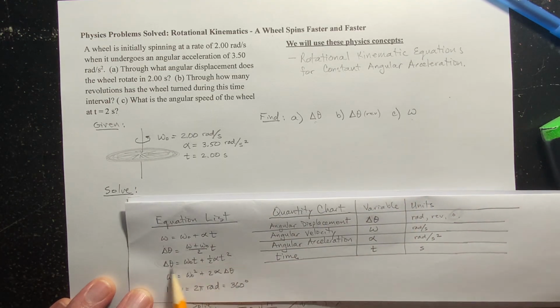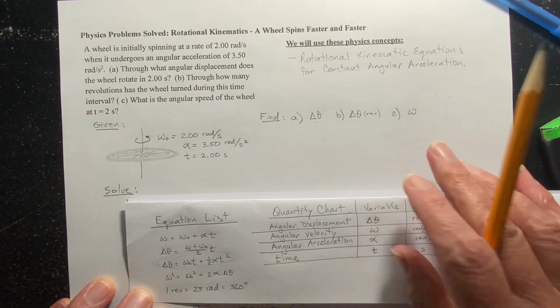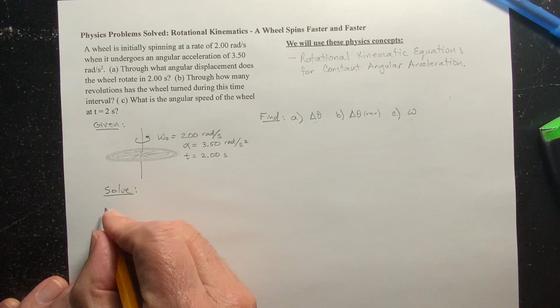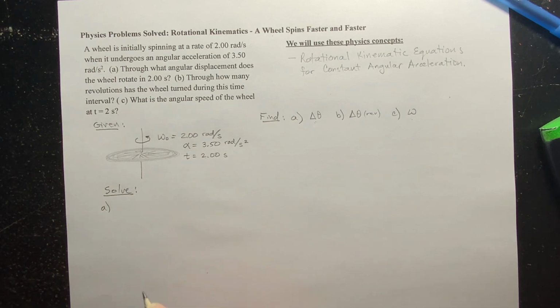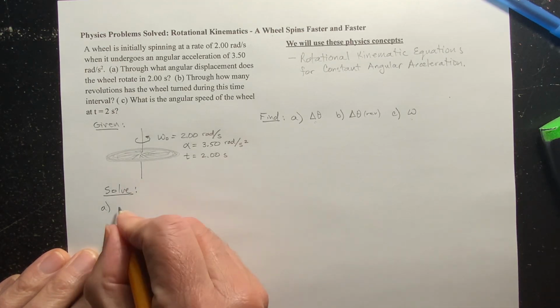This is the only equation that doesn't have angular velocity in it. So I'm going to use this to solve part A. And this should look familiar to you because this is exactly what we did in translational kinematics. Probably the first thing you did when you started physics is study translational kinematics. Anyway, so I'm going to use that equation.